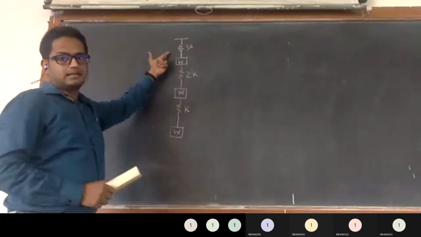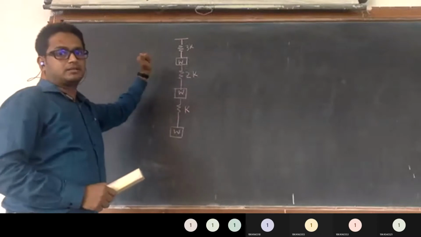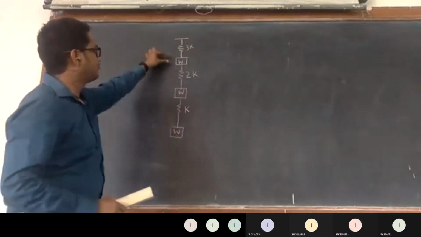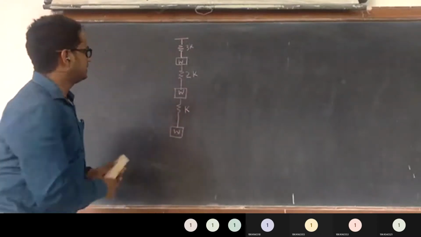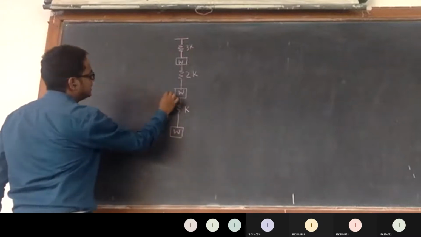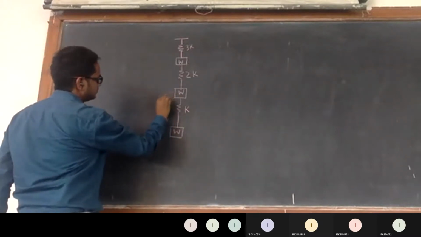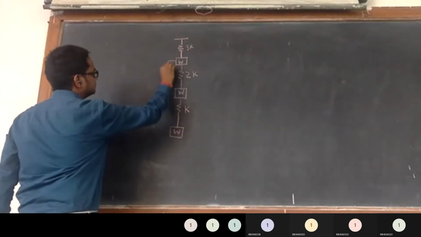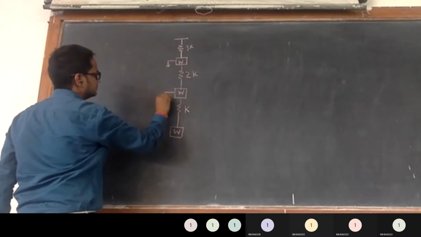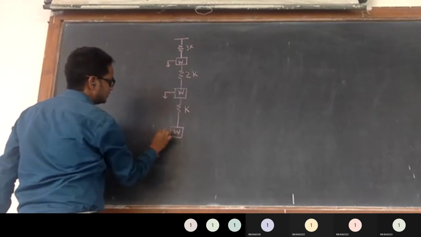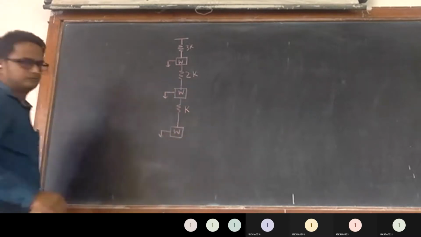Treating the springs as finite elements, determine the vertical displacement of each weight. They want to know how much it will deflect. So this you have to calculate.